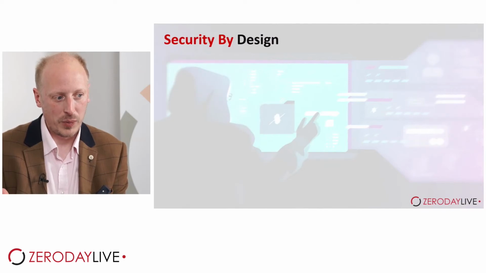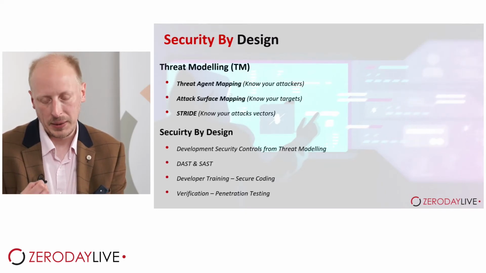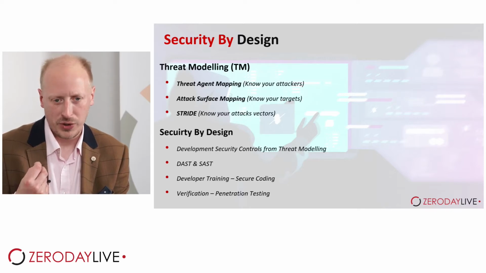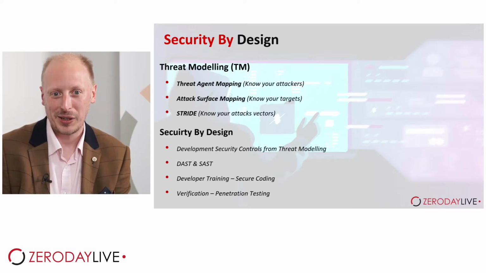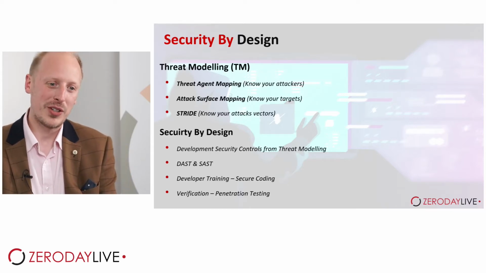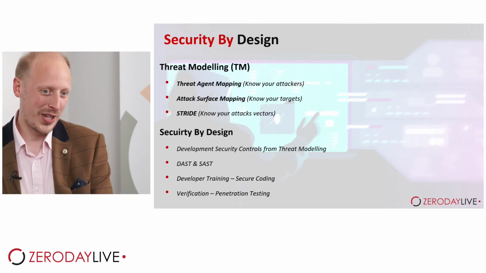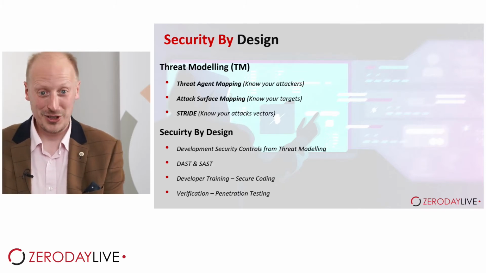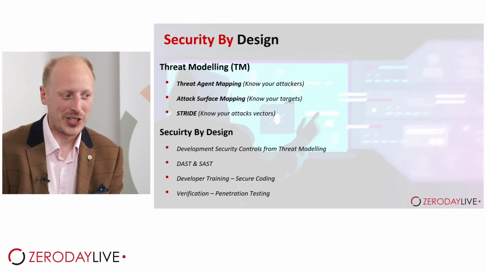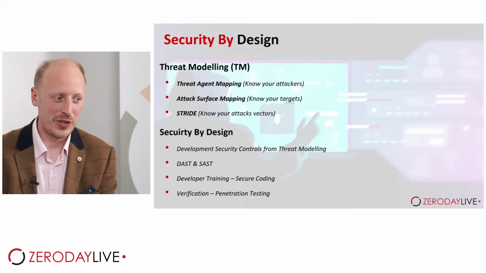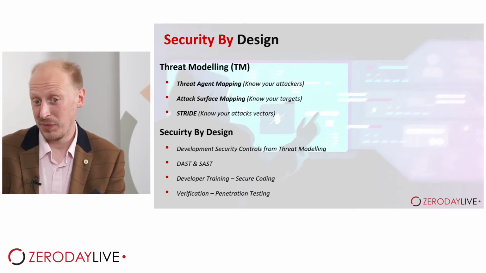When we talk about that, we're talking about understanding your attackers, who might want to attack you and why. This depends on what you're processing and the attack surface that you have. And of course, understanding that attack surface also determines what attack vectors you might be exposed to.